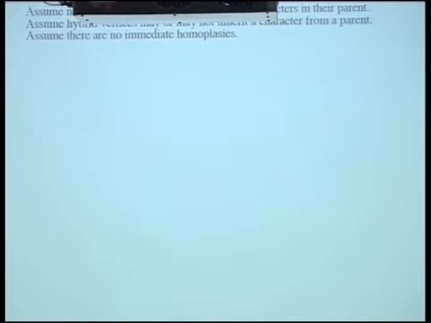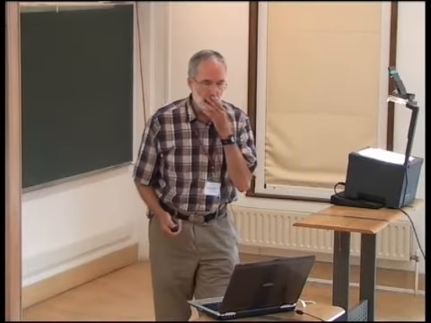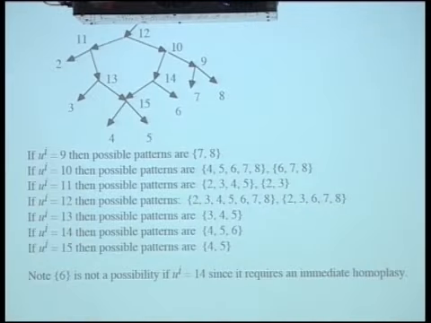So model 2 has these assumptions. Normal vertices inherit all the modified characters in the parent exactly as in model 1. But at hybrid vertices, it may or may not inherit a character from a parent. And I'm going to assume that there are no immediate homoplasies. So let's look at this particular example. Here's a network. If something originated at 10, well, what are the patterns?